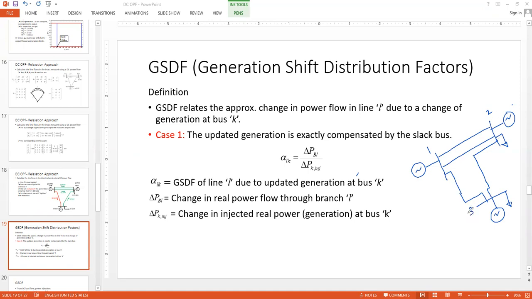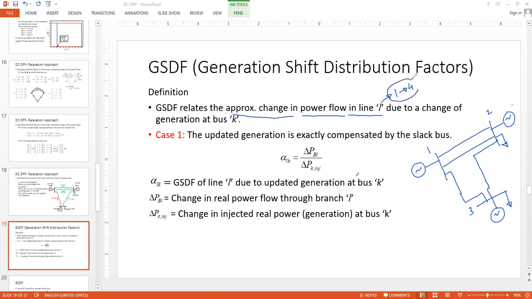So what information specifically will the generation shift distribution factor give us? GSDF will relate the change in power flow in line L. We have 4 lines, so L can take any value from 1 up to 4.